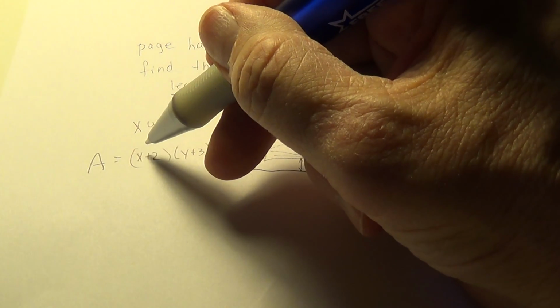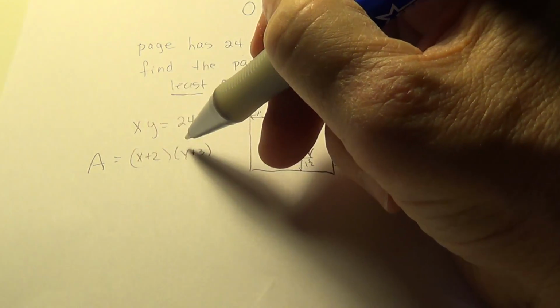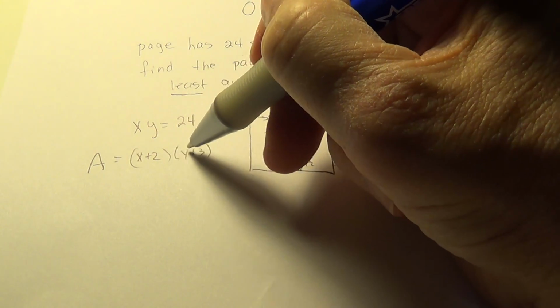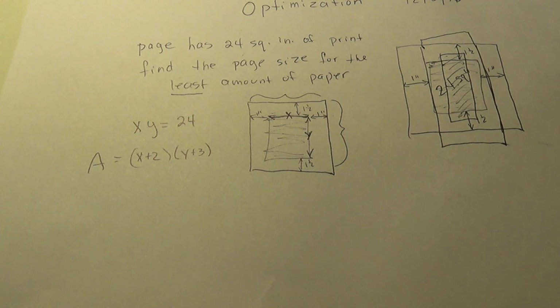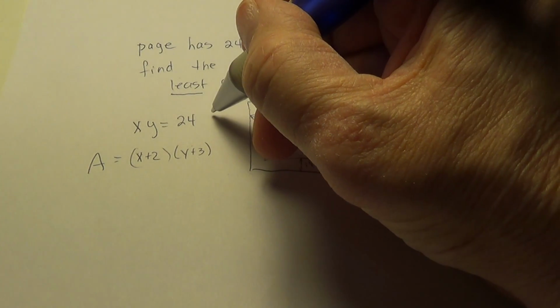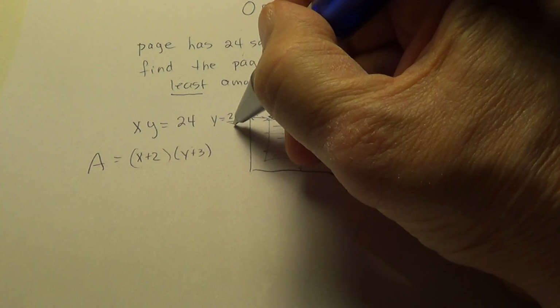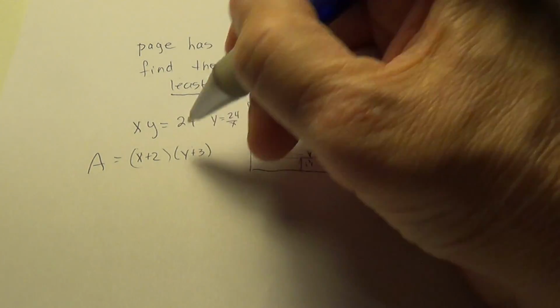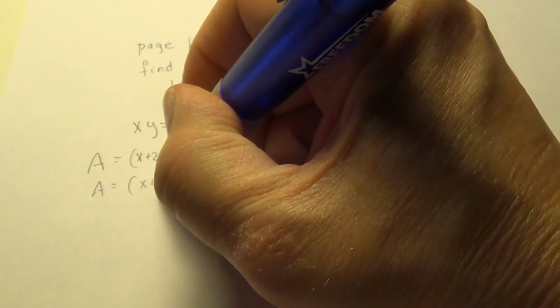But first, we want to work in one variable, not two. I'm going to replace y in terms of x by the use of this statement, so y equals 24 over x. Every time there's a y, I'll put in 24 over x.